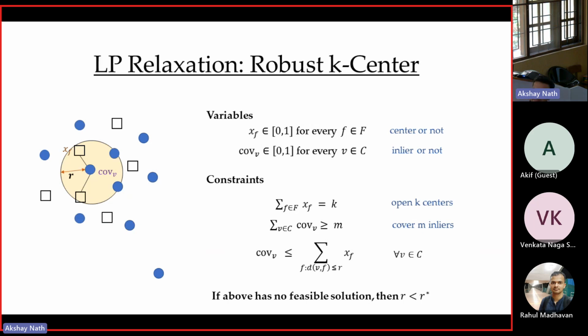I cannot minimize R directly because R goes into the constraint, so I guess the R, because there's only one single scalar. And once I guess the R, I can fit it in the constraint. So it's just checking the feasibility of a system of inequalities. If it is infeasible, my guess is too small. If it is feasible, I get something within distance 3R. So that's where we are.